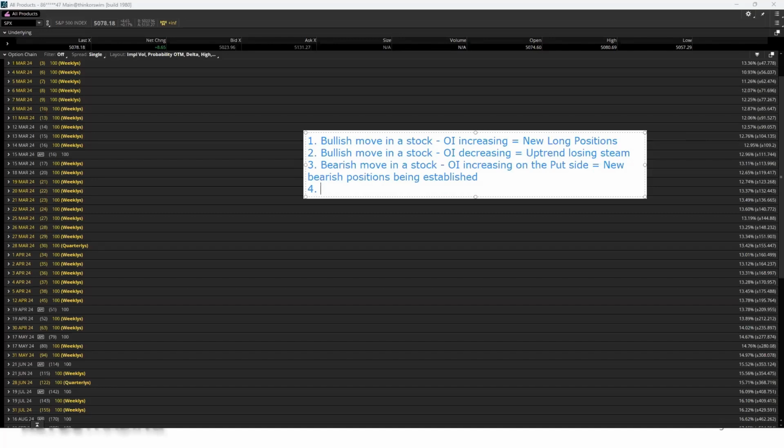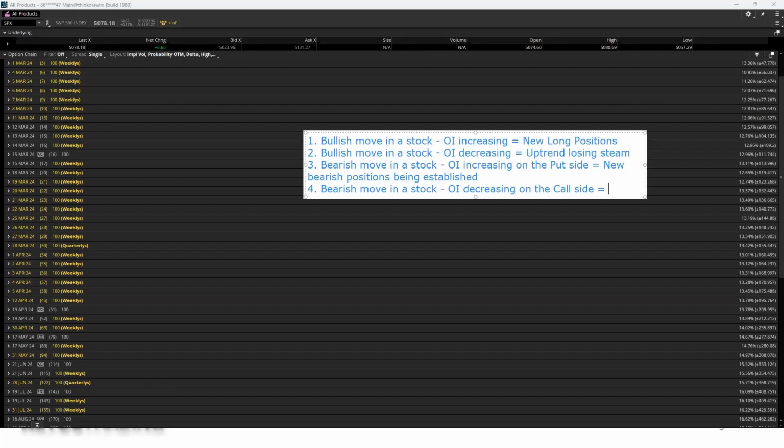The last one would be, okay, also a bearish move in a stock. Open interest is decreasing. Okay, sometimes it's hard to keep all these straight. Stock's going down. Open interest is also going down on the call side. Okay.